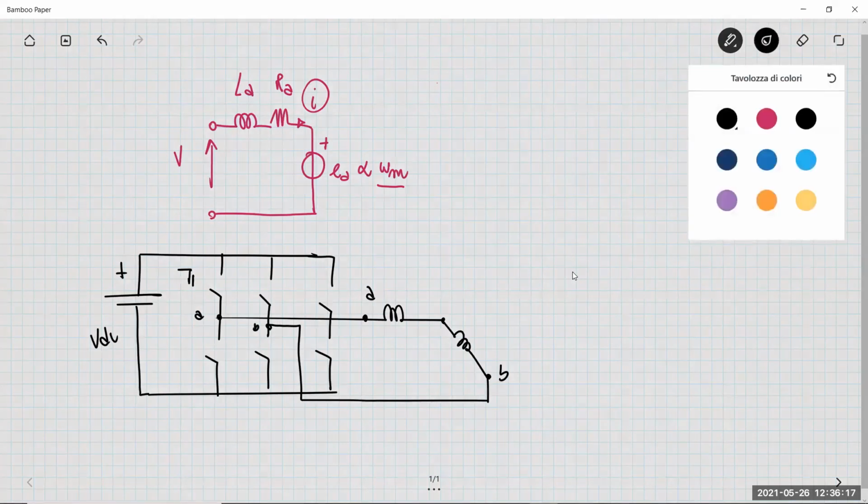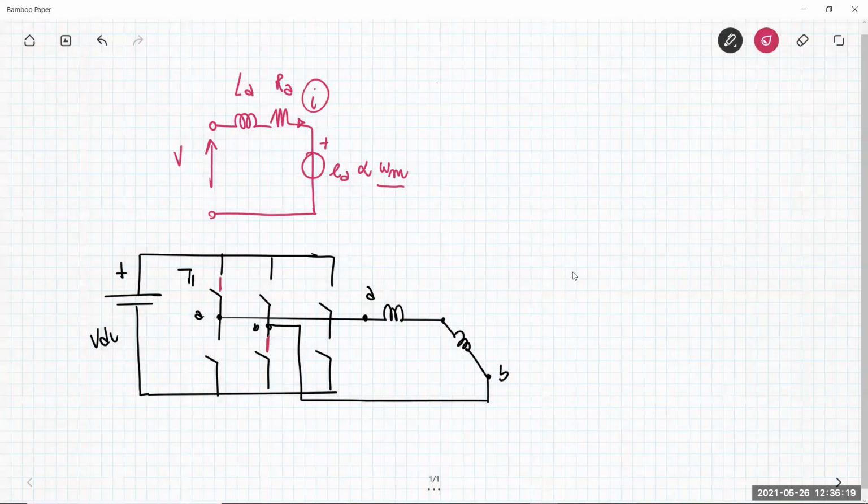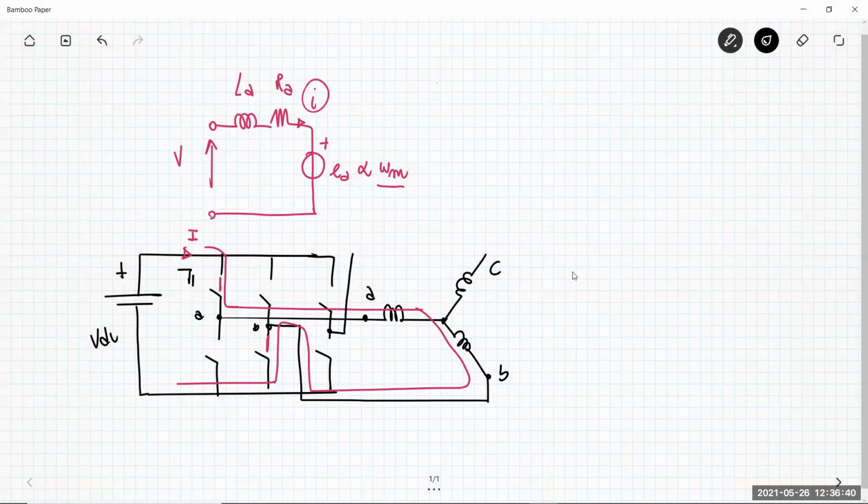And so these 2 switches are closed, and so we have a current I flowing here, entering node A, exiting node B, going here, and then returning here. The third phase, which is C, is left open because the phase C is not connected to anything. The two switches here are open.